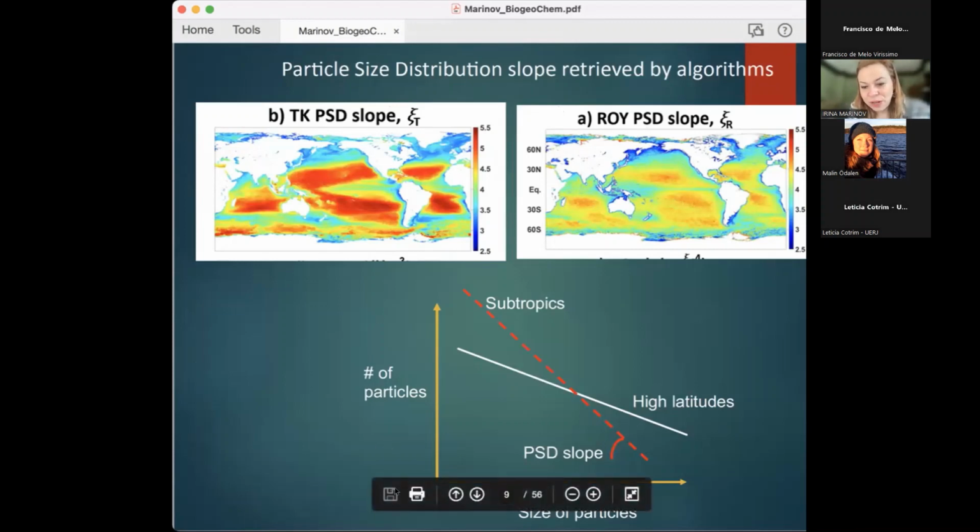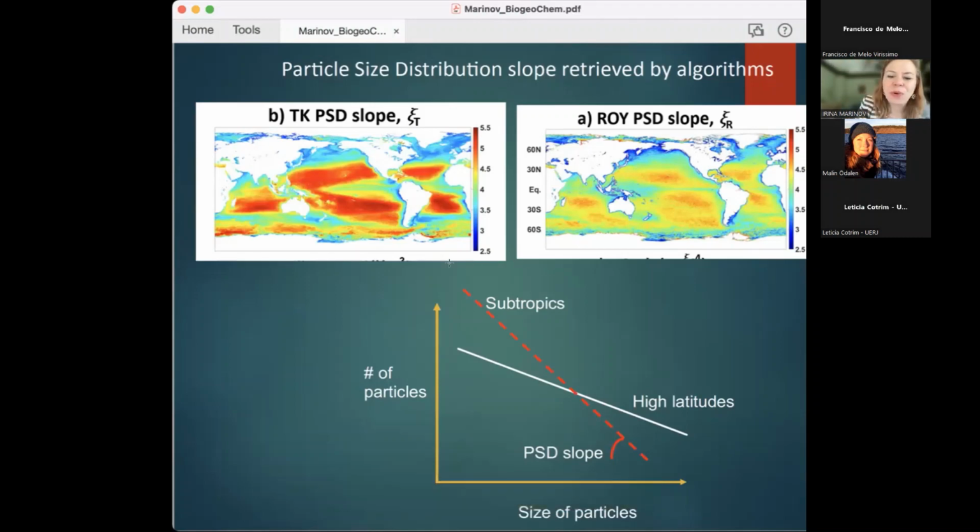Here is the log of the number of particles versus the log of the size of particles. What's interesting is that the retrieved slopes at each point show us the relationship between the number of particles and the size of particles at each point in the ocean. This is a calculation done for the same 5 years in the two products.